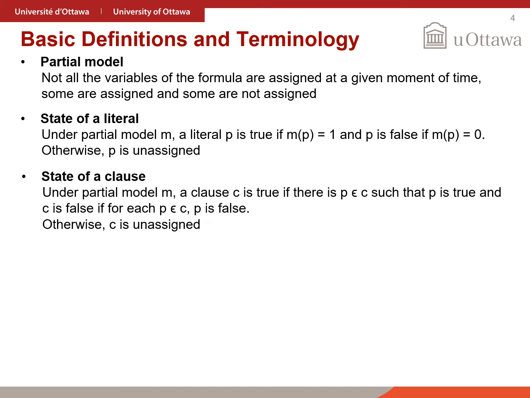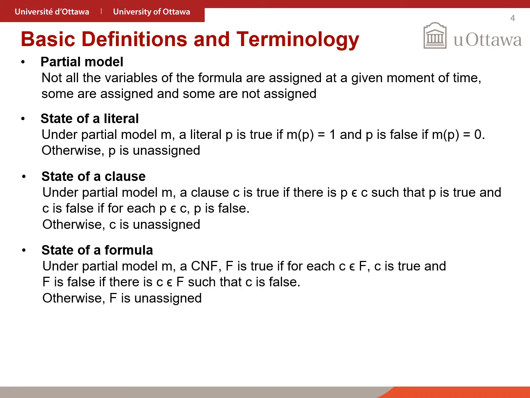Under partial model M, a clause C is true if there is a literal P in C such that P is true, and a clause is false if for each literal P in C, literal P is false, otherwise C is unassigned.